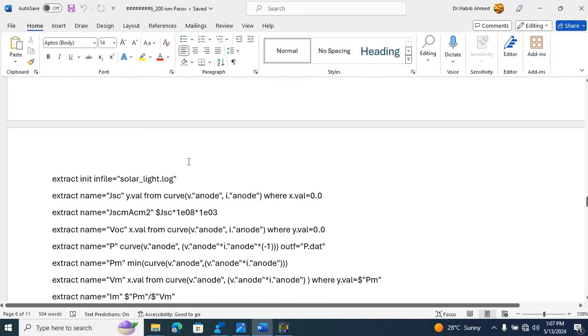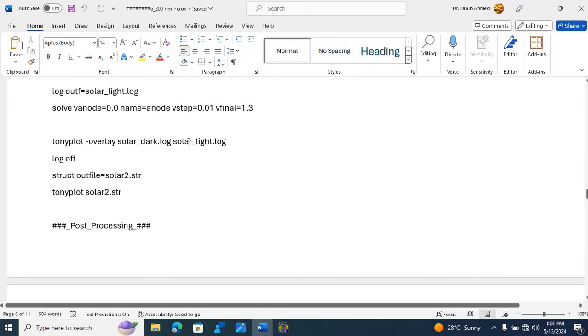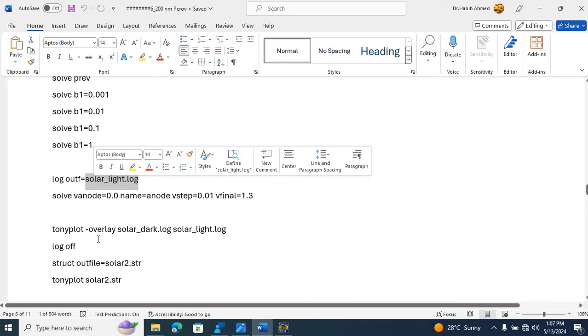And now I want to look at various performance parameters of the solar cell, various figures of merit of the solar cell. So I initiate this file, solar_light.log, which has the IV characteristics of the solar cell under light conditions. Here I've created a log file over here.